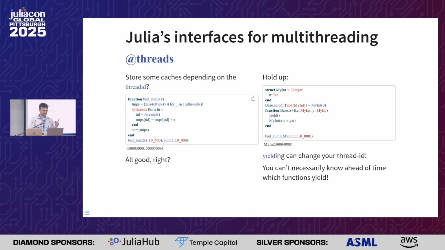But if you have something a little more complicated than your simple example, say you have some special number type that for some reason yields to the scheduler in the middle of calculating the sum of two numbers, then you can get messed up results. Because basically what's happening here is that the task was spawned on one thread, and then it yields, and then it resumes on another thread. And so it mutates the wrong store, and all your results get screwed up.